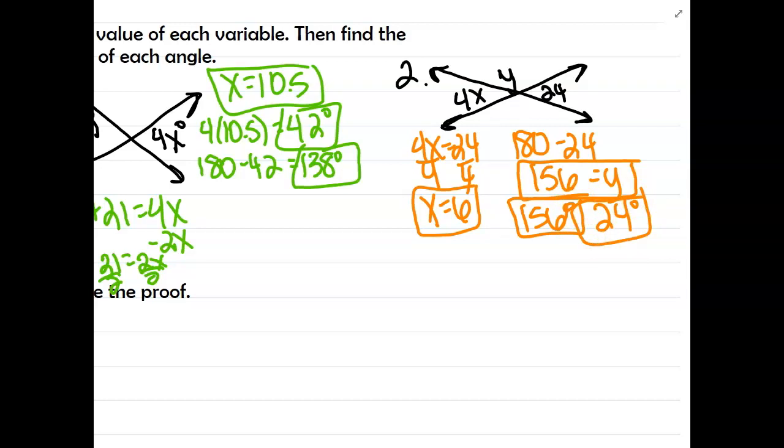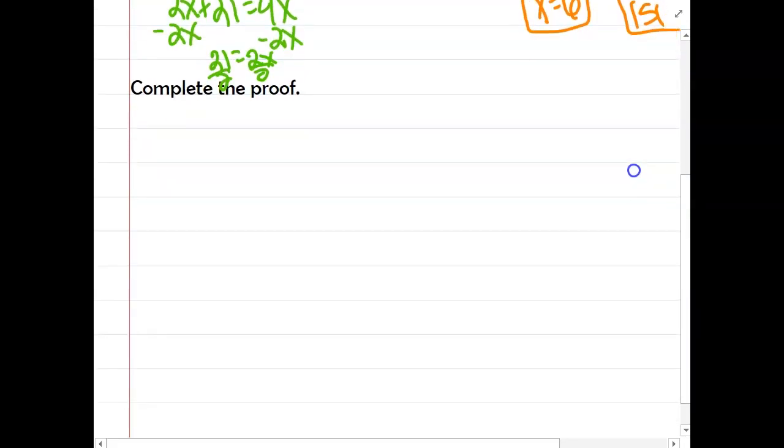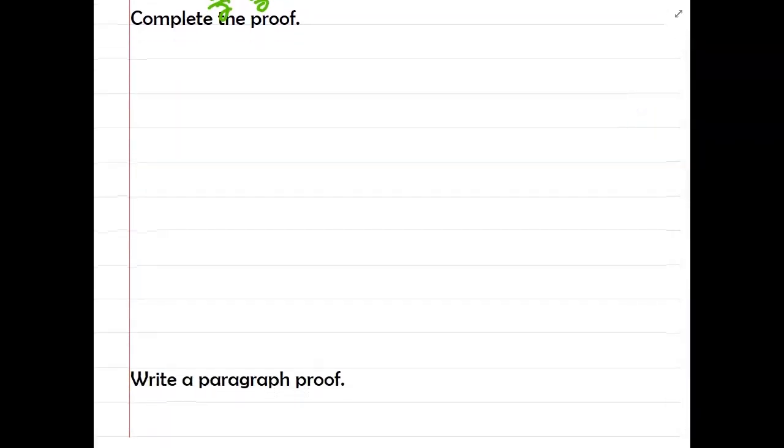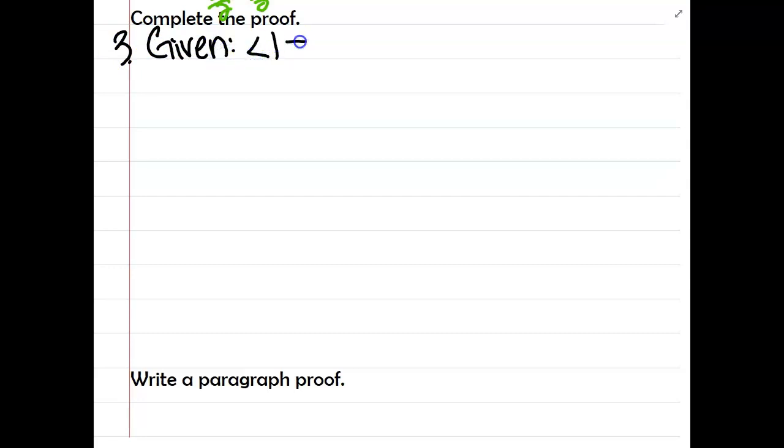Okay, all right, now the only other thing we're going to do is two proofs. The first one, we're going to do a 2-column proof. So let's start with this. We are given angle 1 is congruent to angle 4.